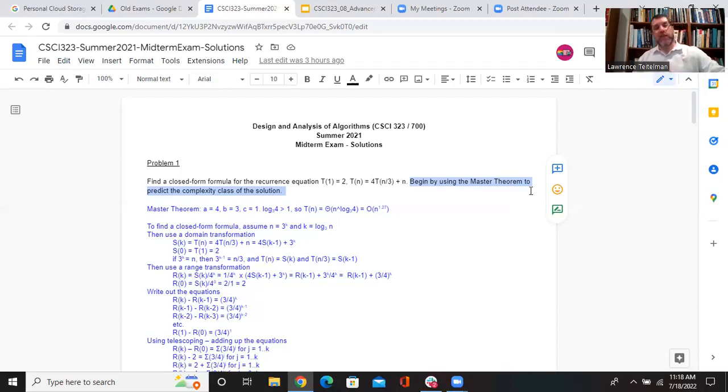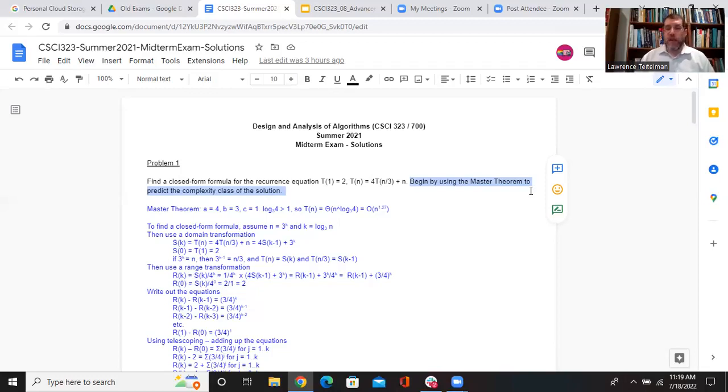Then they actually try to do the recurrence, and they get a completely different answer, a different order of magnitude. The whole point of the master theorem is to predict the complexity class, so you know what your answer should look like. If you get a different answer, then you know that something went wrong.